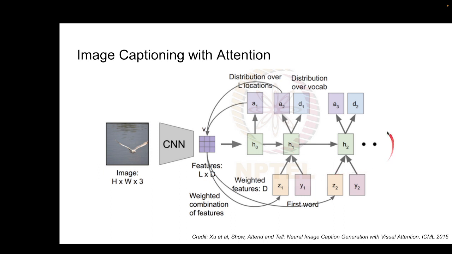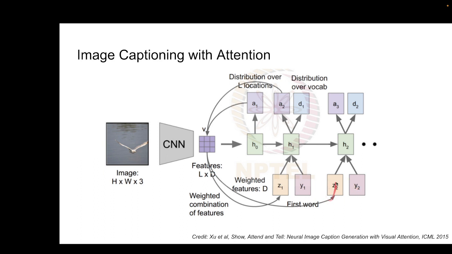So you go on continuing. At every time step, these A's are predicting the probability distribution, the weights with which I need to combine these vectors in this matrix, so that I can send it as an input to the next time step.